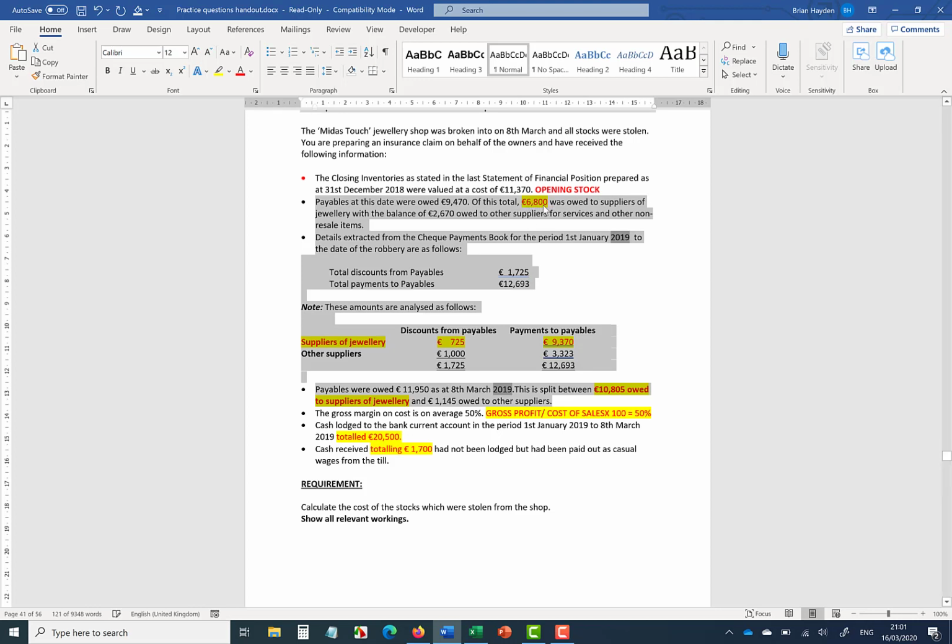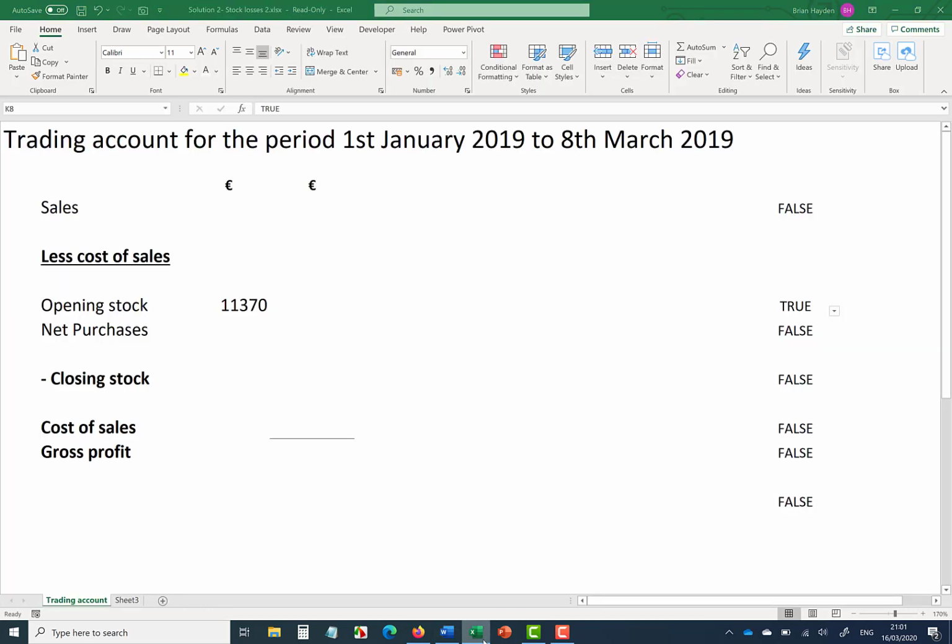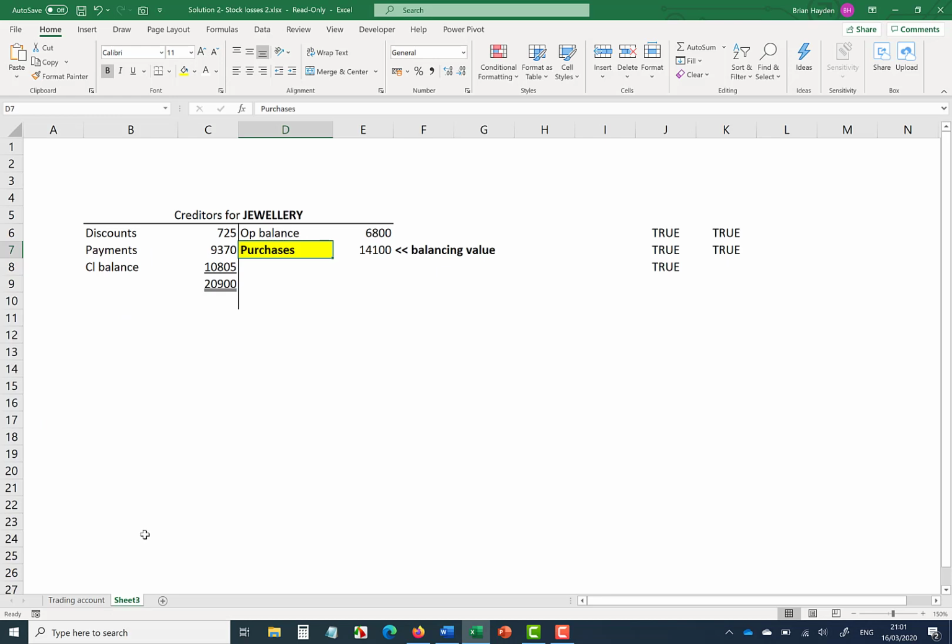So we've got an opening balance, we've got payments during the period and discounts during the period, and we've got a closing balance. So I can do a creditors account where I use all those values in the account. So on my solution, I have the creditors account created. There's my opening balance, there's my discounts and payments, and my closing balance.